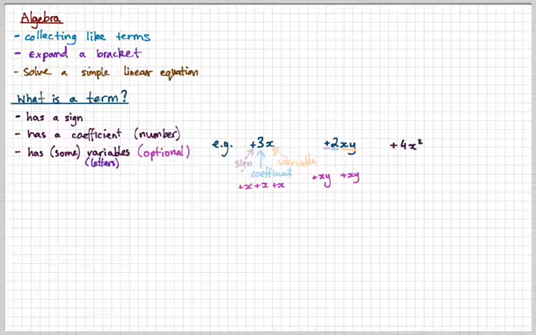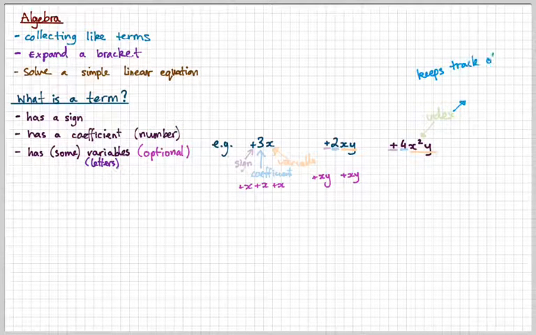Plus 4x squared y. We have a sign, we have a coefficient or a number, and we have some letters. These are the variables. Now x squared y, that squared just means that we have x. It's an index, and it keeps track of the variables, keeps track of the letters.